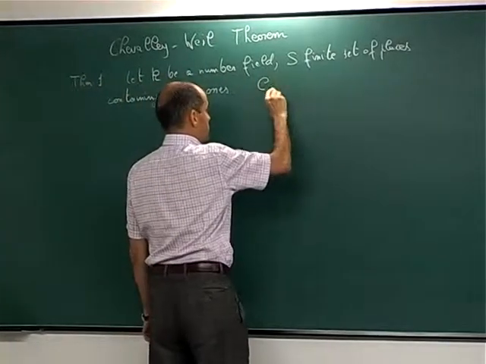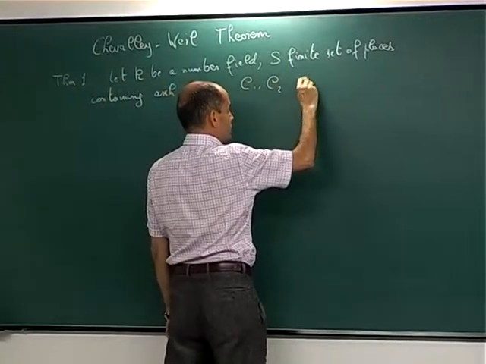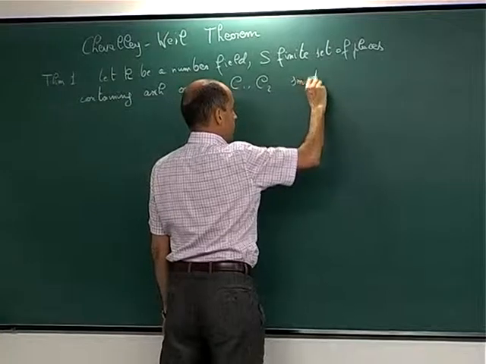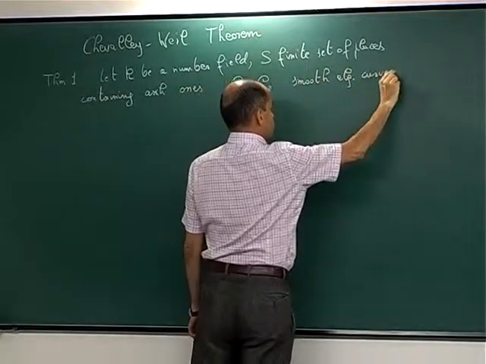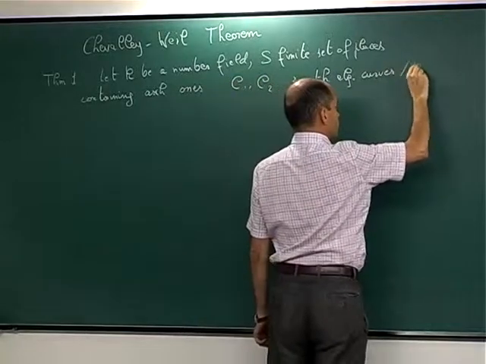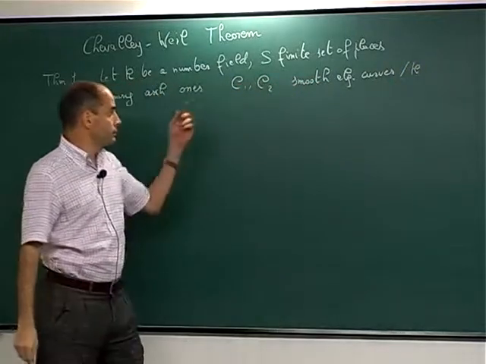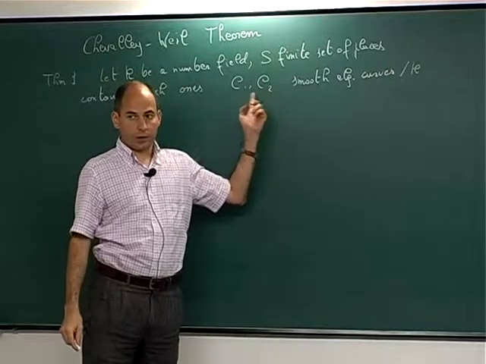Let C1, C2 be smooth algebraic curves defined over K. They might be projective or affine.